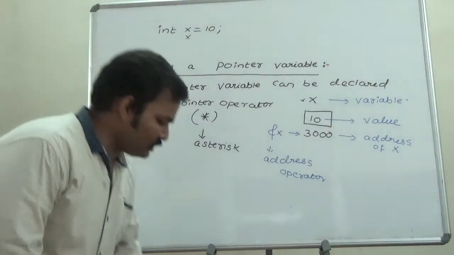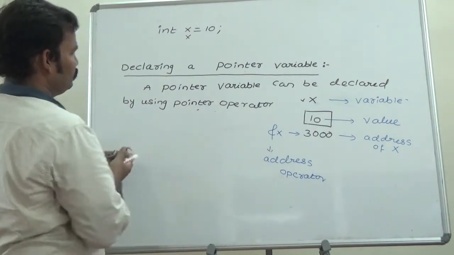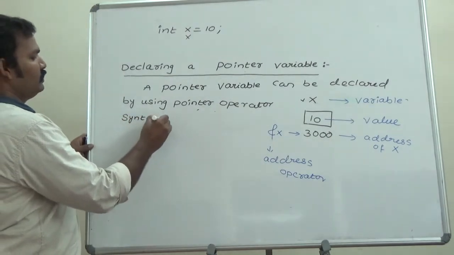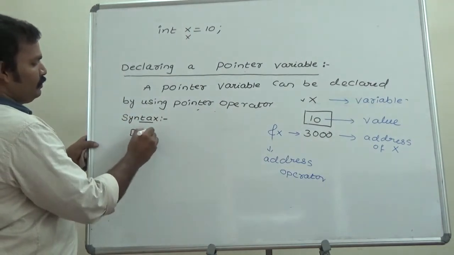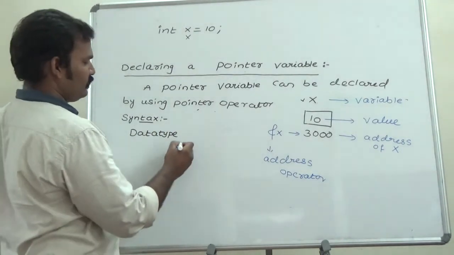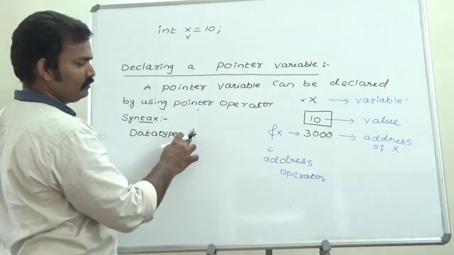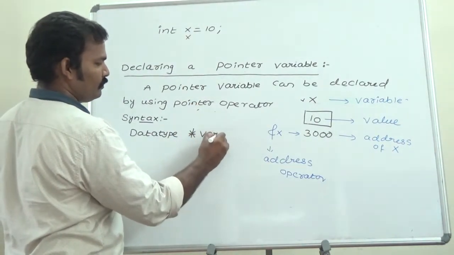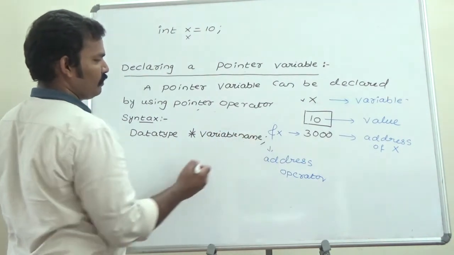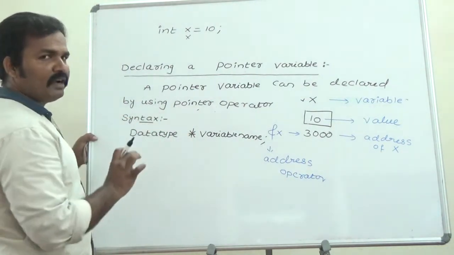Okay, syntax: data type, pointer operator, then variable name. This is the syntax for declaring a pointer variable.